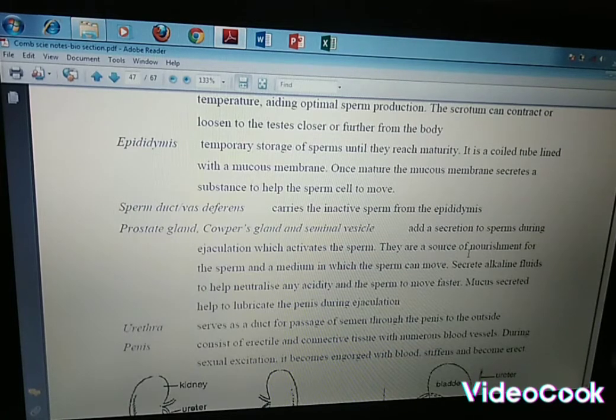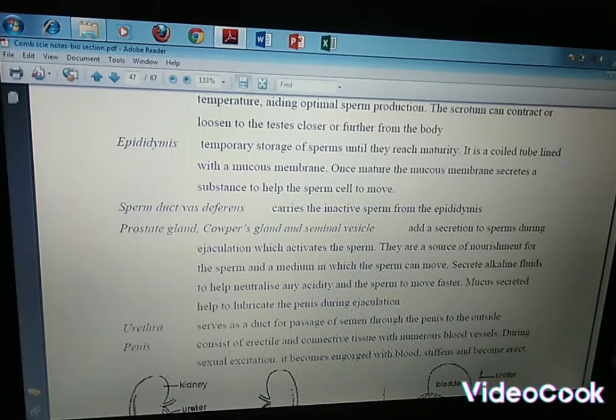They are a very good source of nourishment to the sperms, and they allow the sperms to swim easily as they travel from the epididymis all the way up. So they secrete alkaline fluids to help neutralize any acidity and help the sperm to move a bit faster. And the mucus secreted also helps to lubricate the penis during ejaculation.